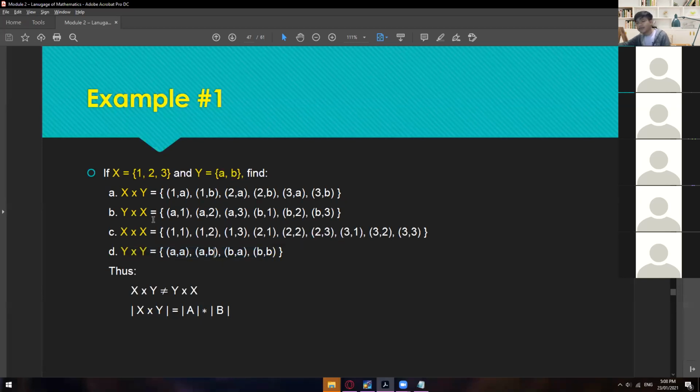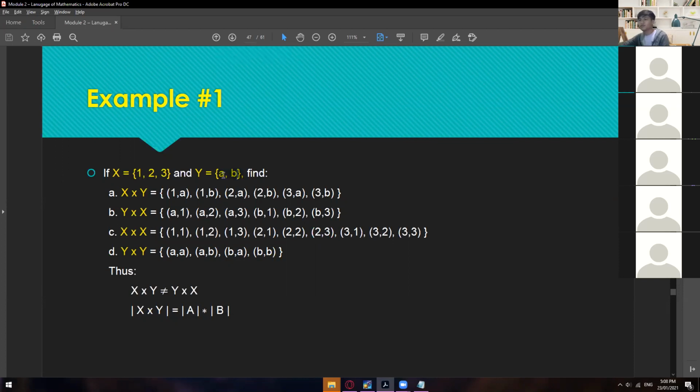Again, just take note that x times y is not equal to y times x because they have different coordinates, or they have different domains and ranges, right? And if you want to get the cardinality of x times y, you can simply get the cardinality of this set and the cardinality of the other set, and just multiply them.